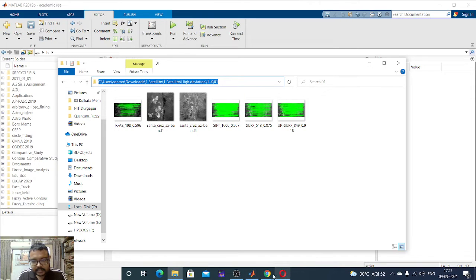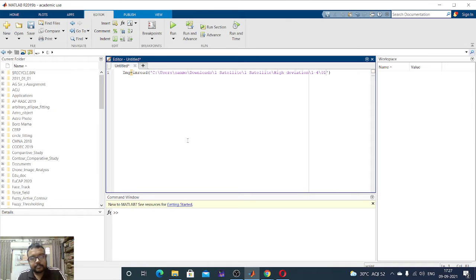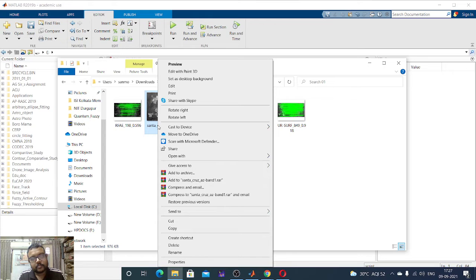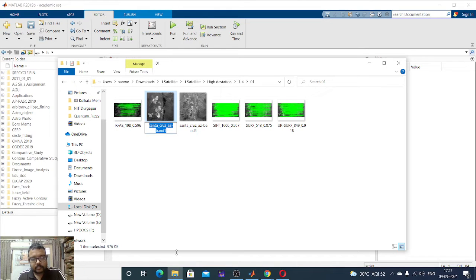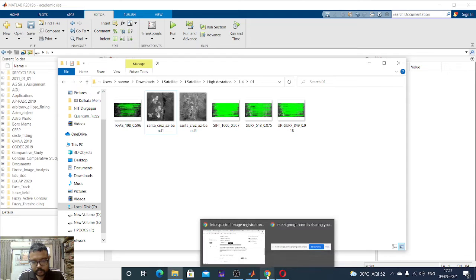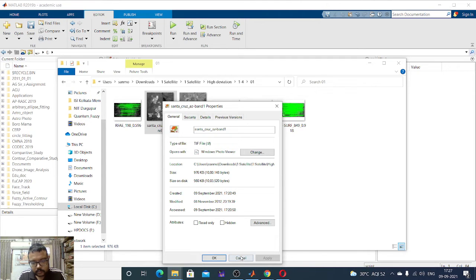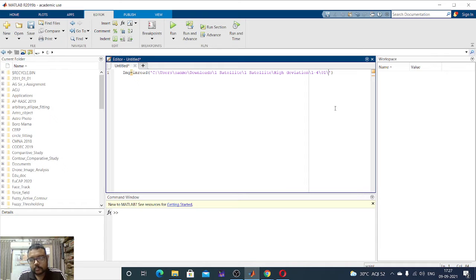So just copy the address, paste it here, right.